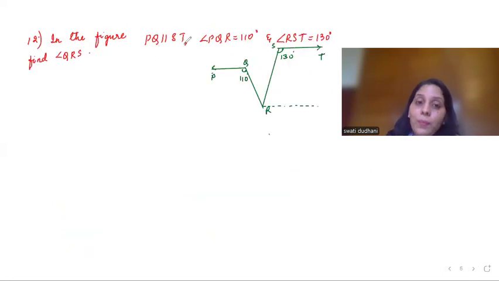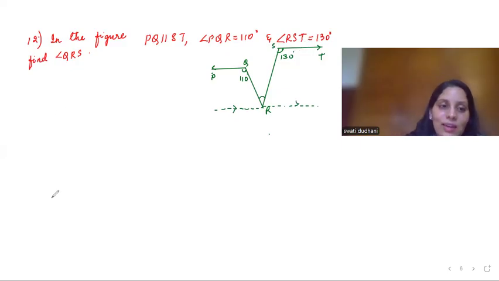Now, next one, last question, very important. In the figure, PQ is parallel to ST and angle PQR is 110 and RST is 130. Find QRS. You need to find this angle. Here I am going to extend this line. When I am extending this line, this will definitely be parallel to PQ as well as ST, right?